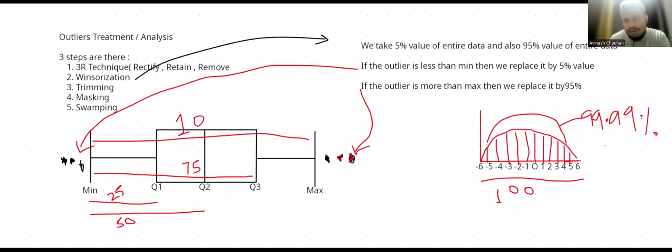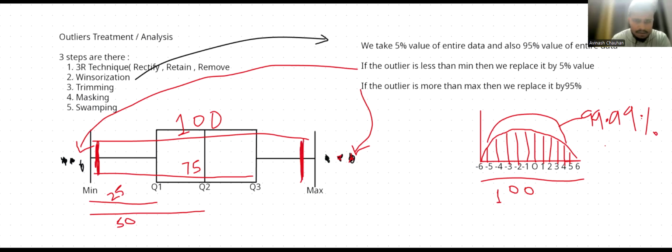So around 5% of my value will lie here itself, and the 95% of data will lie here itself.